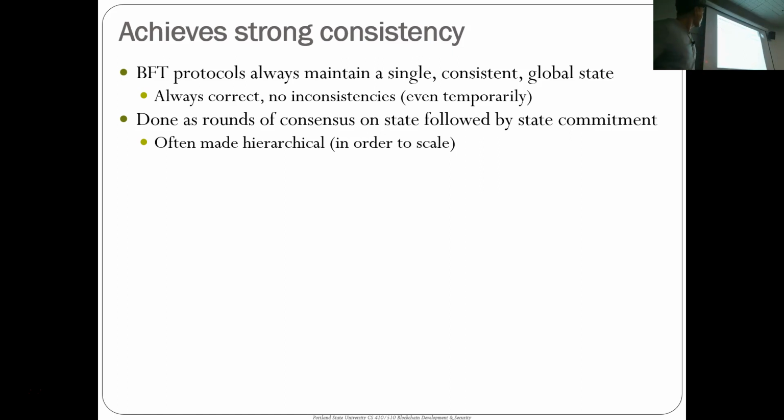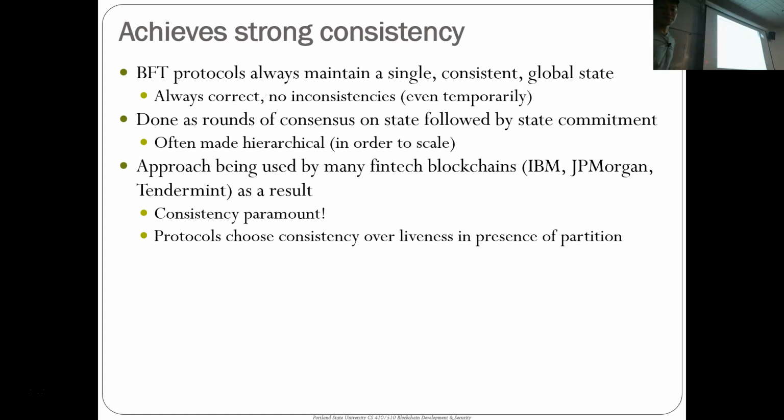Okay. BFT protocols are often made hierarchical. So similar to, for example, internet routing infrastructure being hierarchical, you allow some local agreement protocol to happen before you then build up to a global commitment. Okay, so this is an approach.